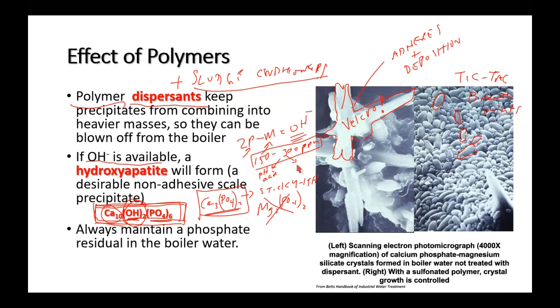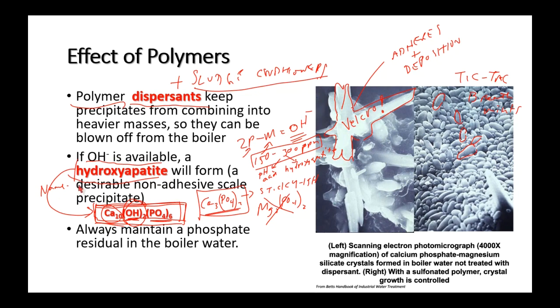But here's another really important reason to have OH alkalinity, because it will make a hydroxyapatite. So hydroxyapatite is the name for that stuff there. Now, your textbook doesn't use the name, but I'm giving you the name.